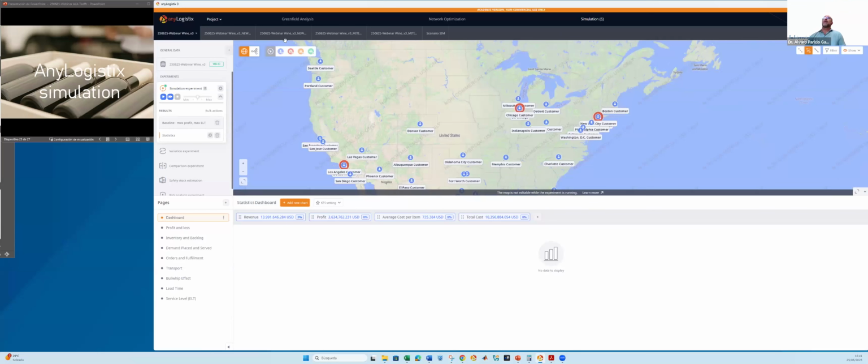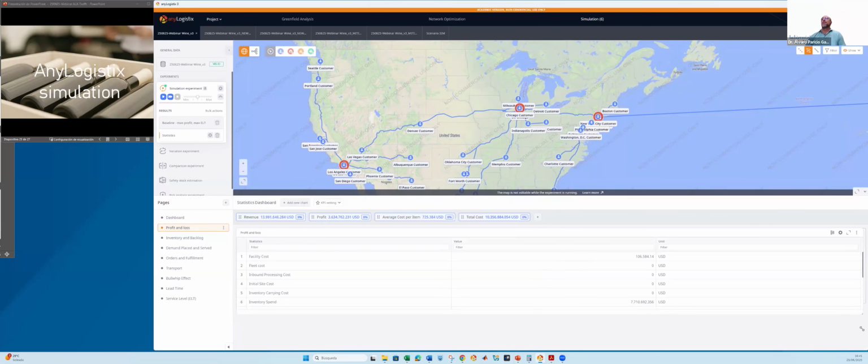And right now we have our revenue calculated, and the profit, the average cost per item, and the total cost of our operations. If we consider the profit and loss statement, we can see here the facility cost that we predefined in our configuration. Our cost was modeled against the unit cost for each box for being handled.